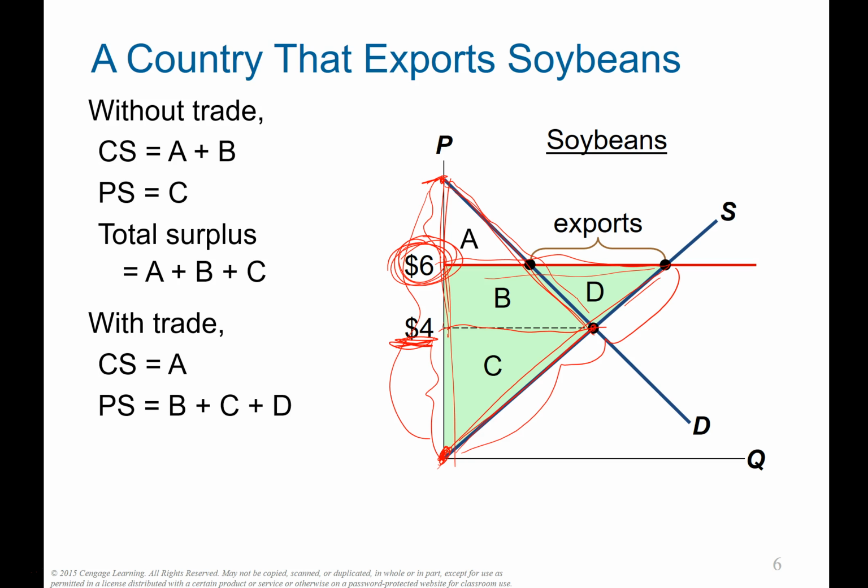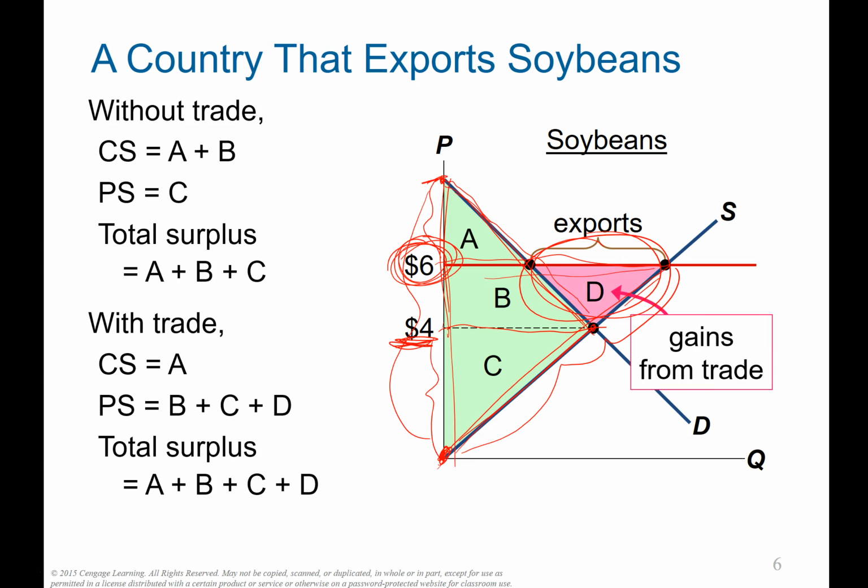And so logically it should make sense to you that if producers are producing more and they're selling it to the world market at a higher price, then the producers would be the ones to gain in this exchange. So total surplus with trade then goes from ABC to A, B, C, and D. So you can see that there's been an increase in total surplus. And that's the thing that this chapter aims to show you, is that there is an increase, there are gains from trade.